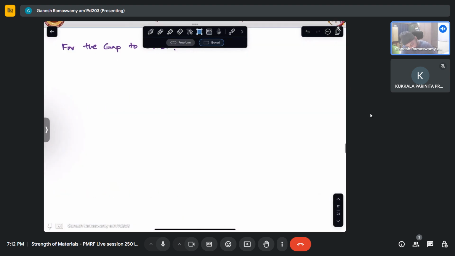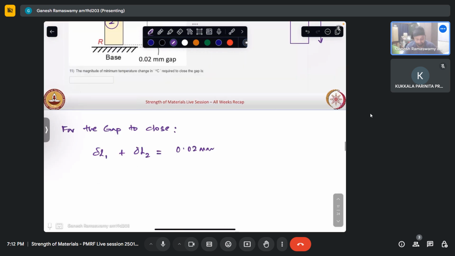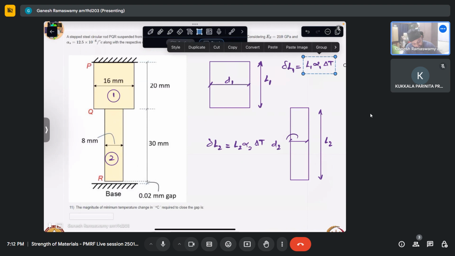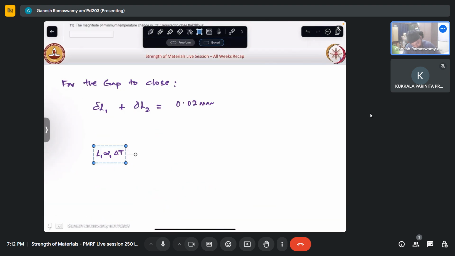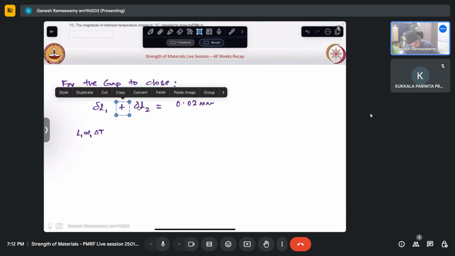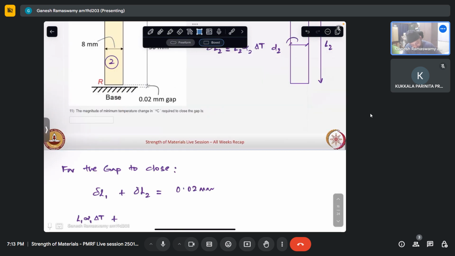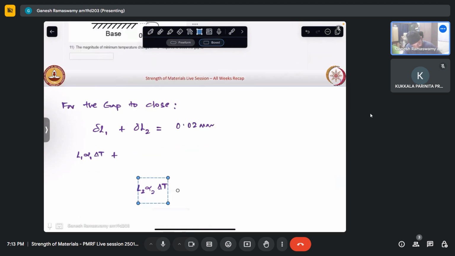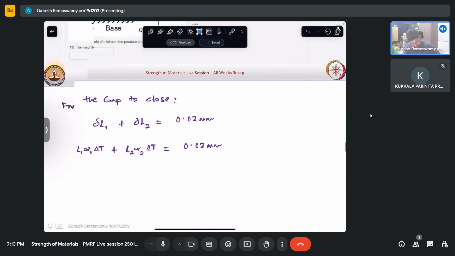For the gap to close, delta L1 plus delta L2 must be equal to 0.02 mm. That is when the gap will close. So this plus this is equal to 0.02.